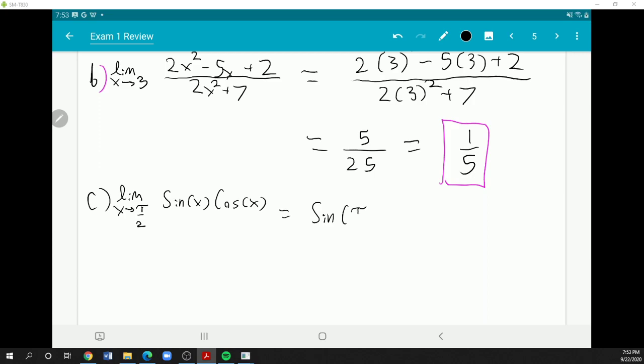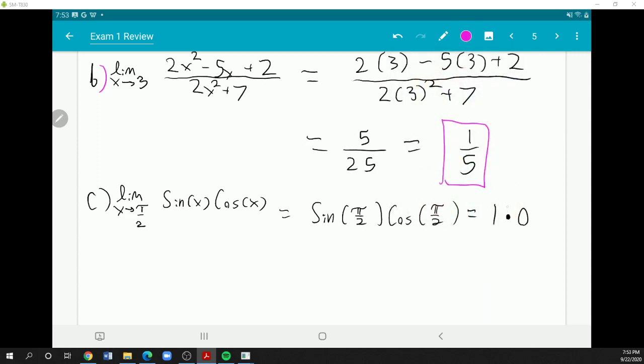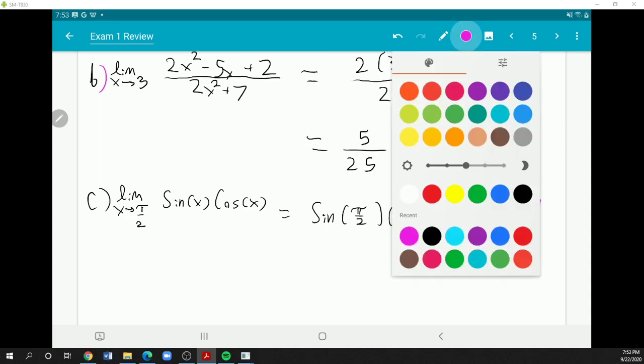Sine pi over 2, cosine pi over 2. And now let's see if we remember what these values are. So sine of pi over 2 is equal to 1. Cosine of pi over 2 is equal to 0. So that's our answer for part C.